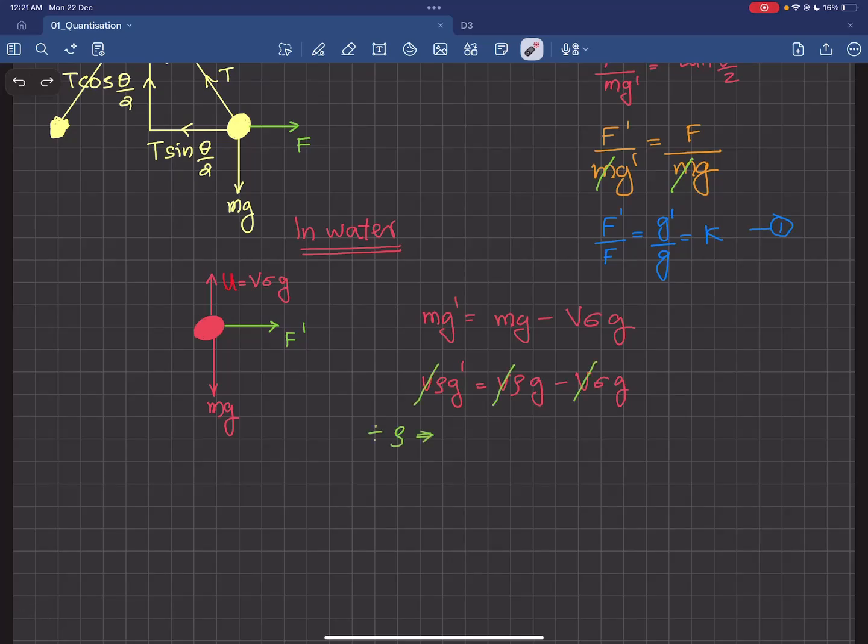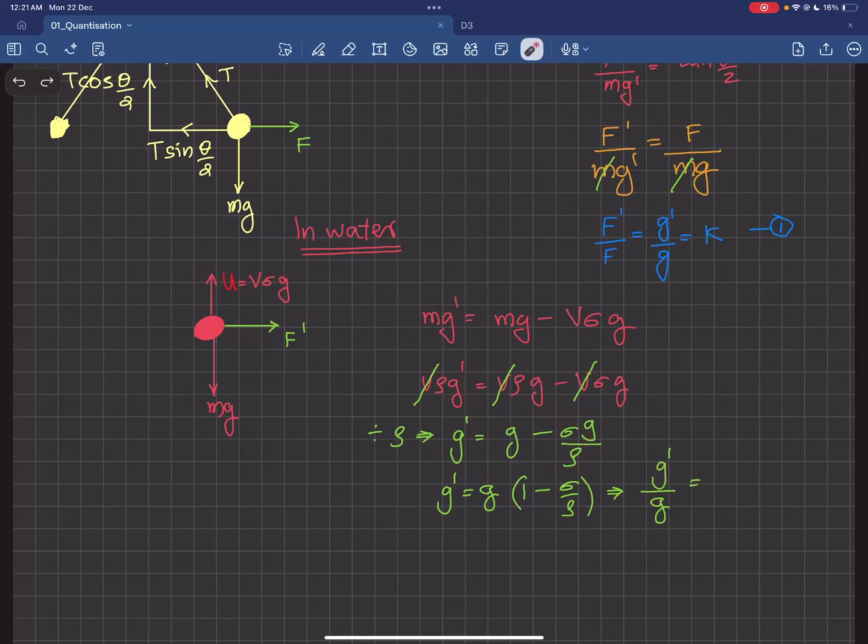Next, we divide the entire equation by rho, the density of the steel ball. Rho cancels, so it will give you g dash equals g take away sigma g divided by rho. Since g is common, take it out, so it becomes g times 1 minus sigma divided by rho.